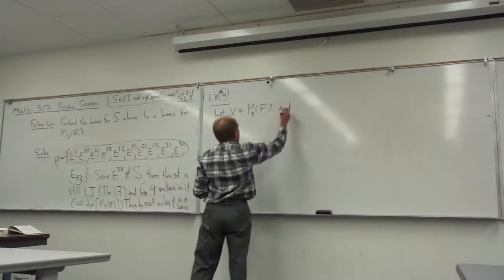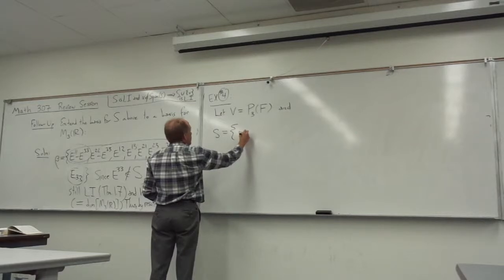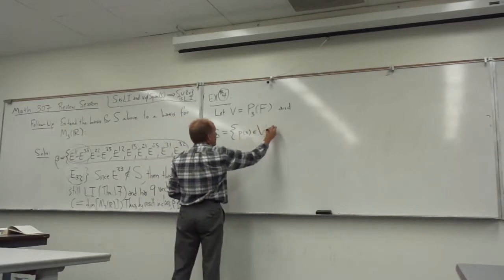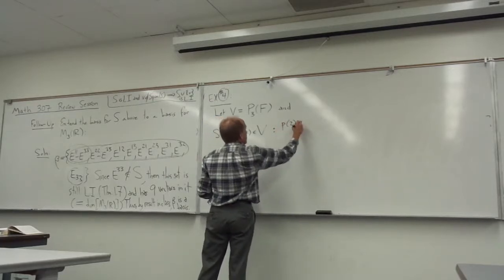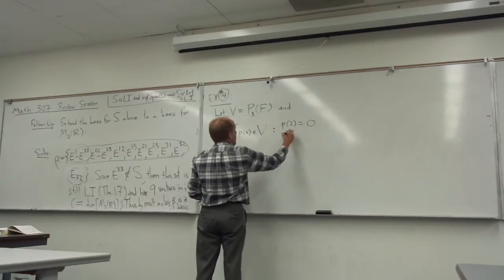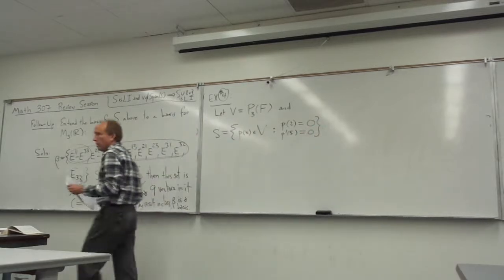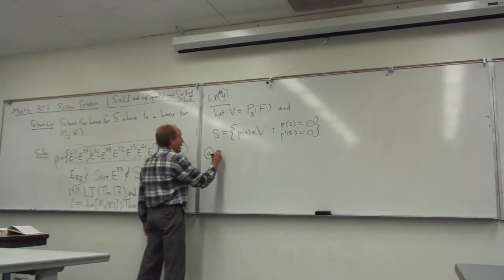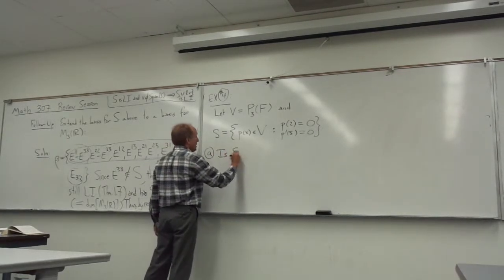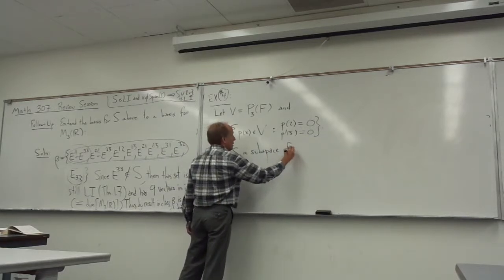And S is going to be the set of P of X, an element of V, such that P of 2 is equal to 0 and P prime of 5 is equal to 0. And part A of this question is going to ask, is S a subspace of V?